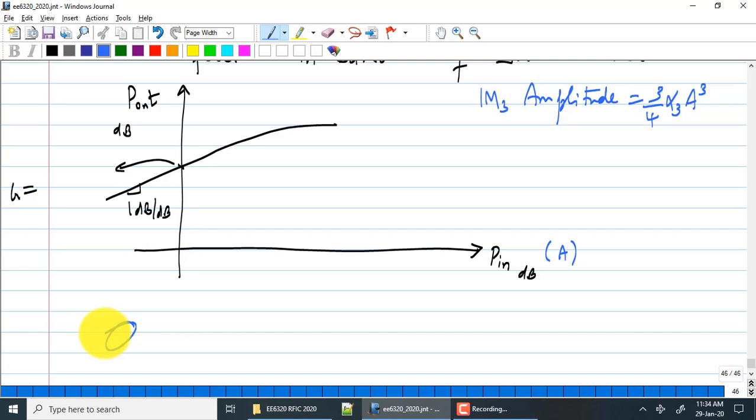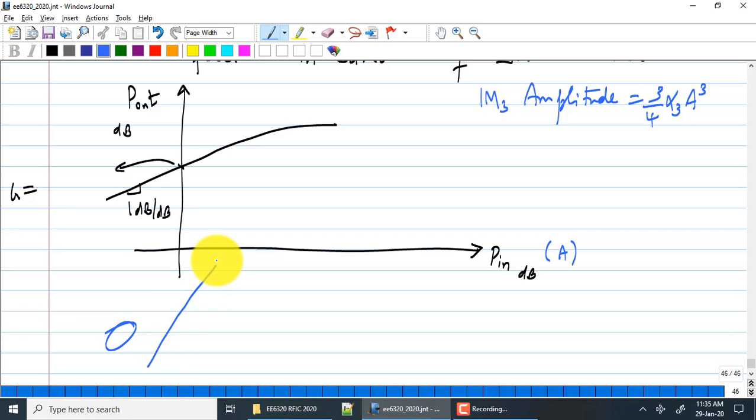By 60 dB, because it is related to A cubed. But it will follow linearly. You will basically get something that will give you a sign for this IM3 amplitude. Every time I make A 10 times, the A cubed term will go by 10 cubed, right? So now I will get a straight line which will have a slope of 3 dB per dB.